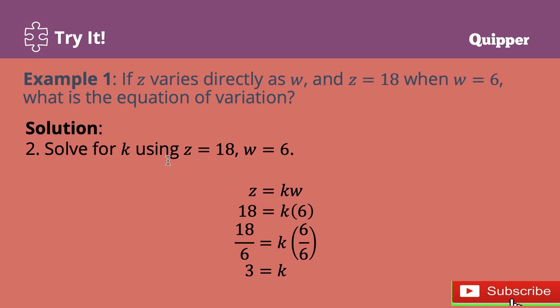Second, solve for k using the values z is equal to 18, w is equal to 6. Using the translated equation, we have 18 is equal to k times 6. Then divide both sides by 6 to get the value of k. We have 6 divided by 6 is 1, and 1 times k is k. 18 divided by 6 is 3. Therefore, the value of k, or the constant of the variation, is 3.